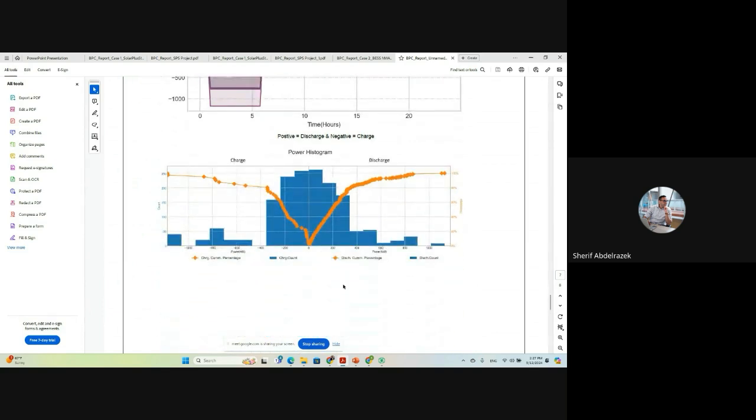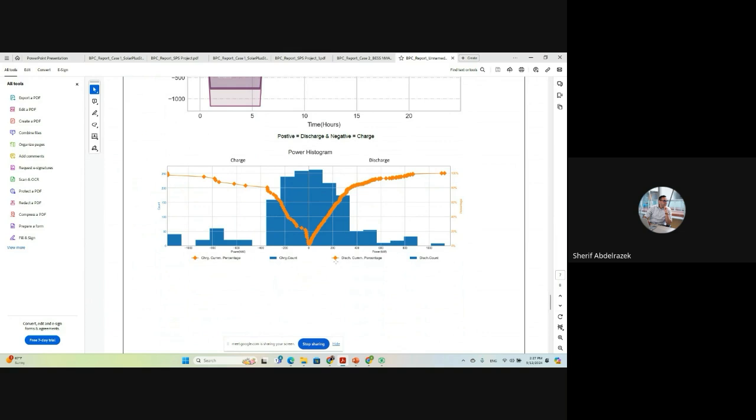And let's start looking at the power histogram here. All right, so for sizing here, which side should we focus on? Charge or discharge? Here, discharge, because we want to shave feeder peak, right? So we're going to be discharging from the battery to do that.